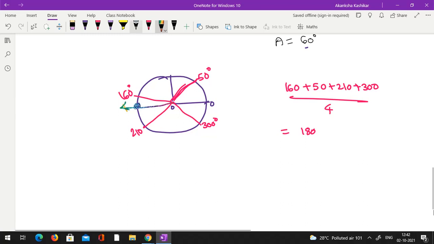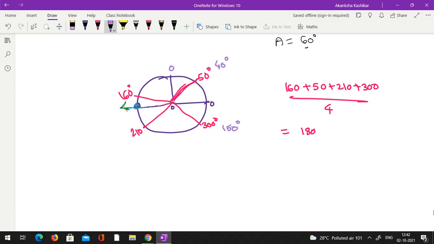Now let me give the measurements in terms of, if I start with 0 here and go clockwise, then this is actually 40 degrees. Correct? Then this is 90 plus 60, so 150 degrees.